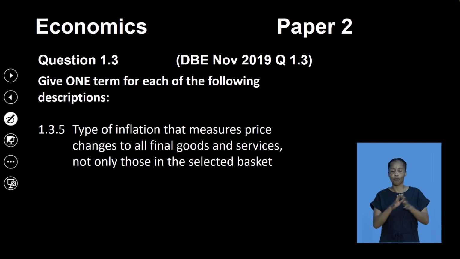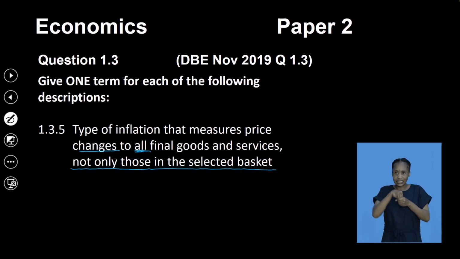It says the type of inflation that measures price changes for all final goods and services, not only those in a selected basket. Right, so it obviously eliminates some types of inflation that only look at selected baskets. Here you are looking at all final goods and services.